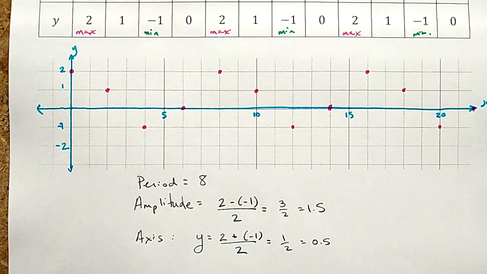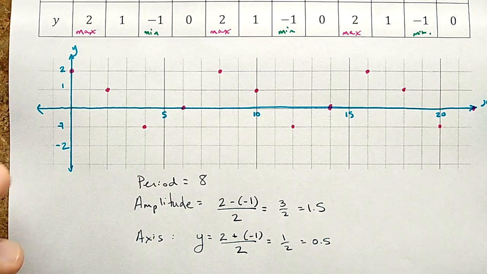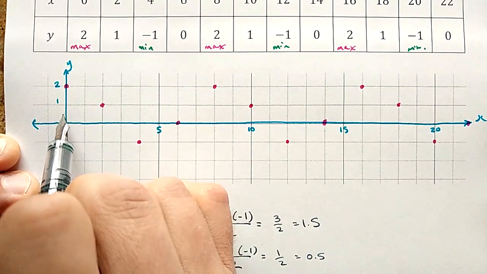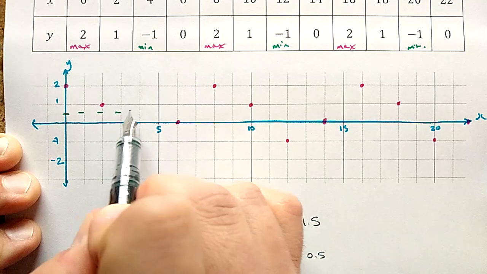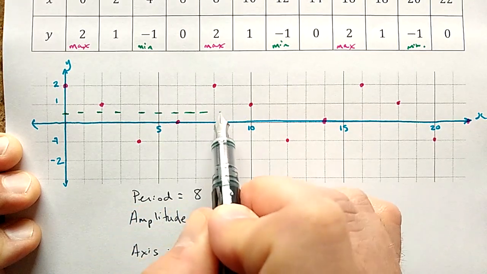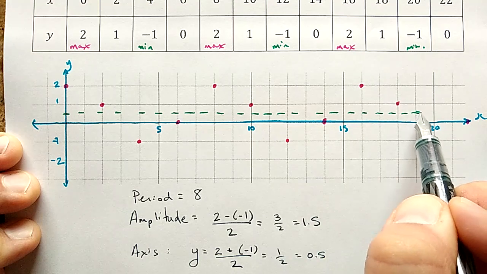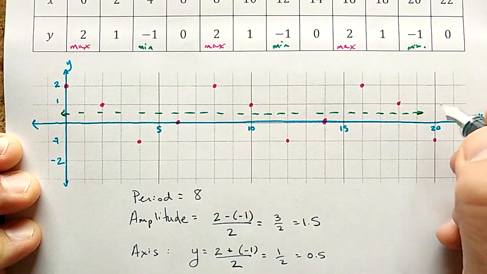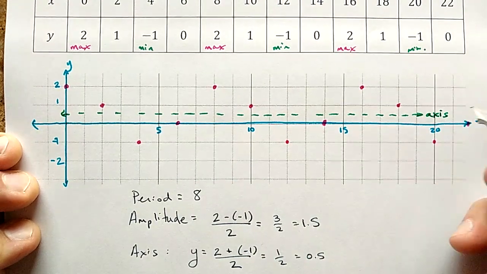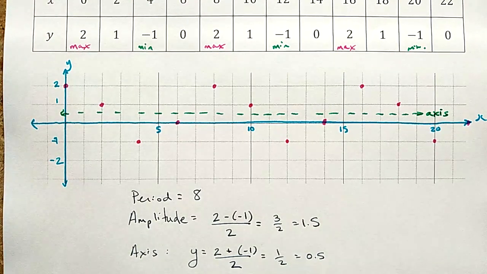And maybe I'll sketch that onto the graph for us. So a horizontal line at y equals 1/2. And that is the axis right there. It's halfway between the top and the bottom.